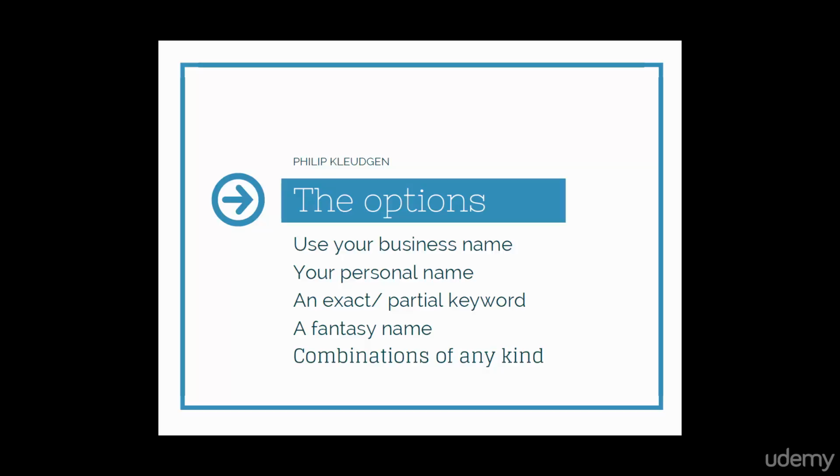It's just a fantasy name for a business, or Moz.com or many other businesses. Just think of a word you like and look up the domain, and if it's free, you can grab it. Combine all these things, like your business name and a fantasy name, or your personal name and your business name, and so on. For example, SEO Kleutgen in my case, or something like that.